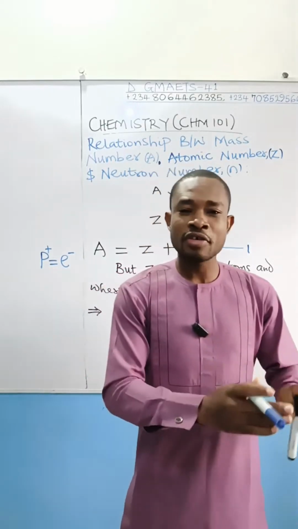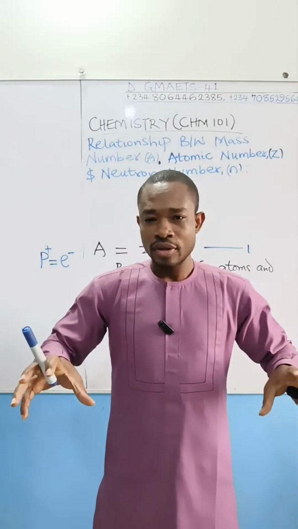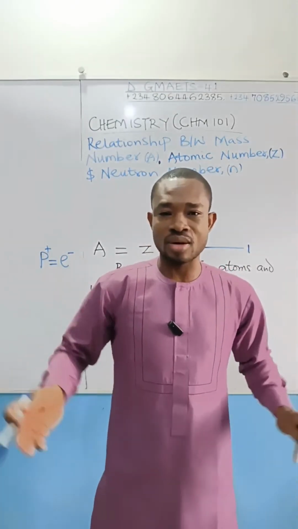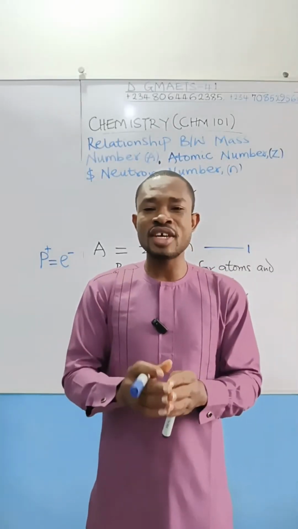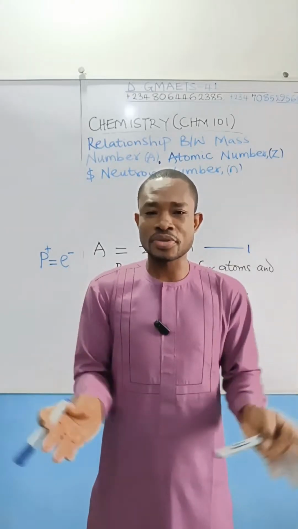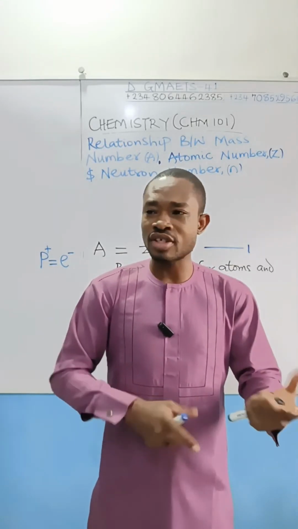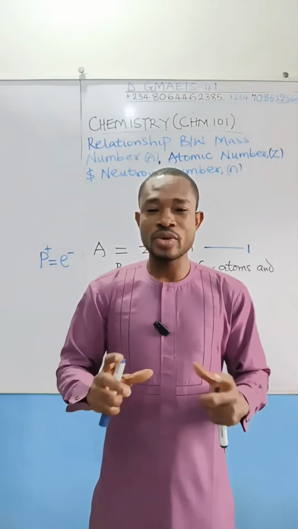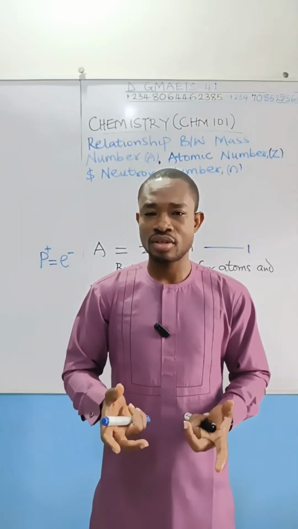And because the number of protons and the number of electrons are equal in an atom, the positive and the negative charges will cancel out. So there will be no charge again. And when you have any species, any substance where there is no charge, nothing like positive, nothing like negative, then we say that that species is electrically neutral.